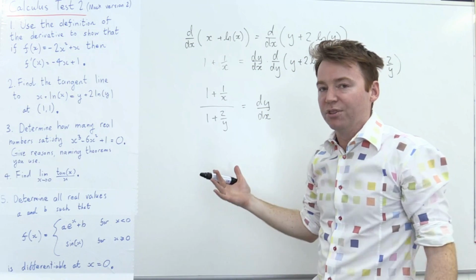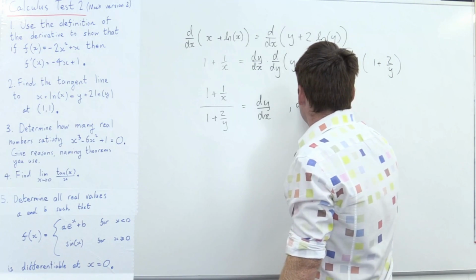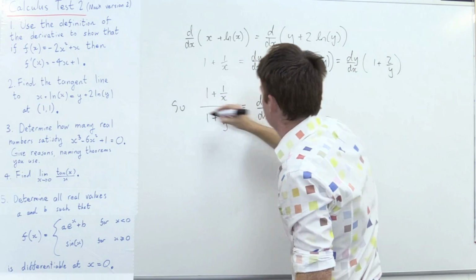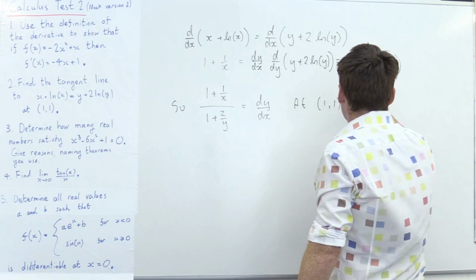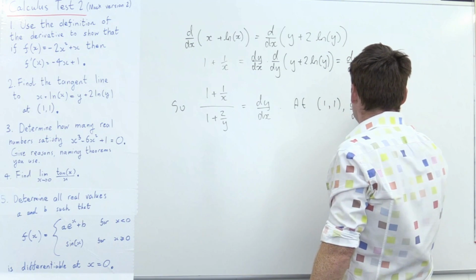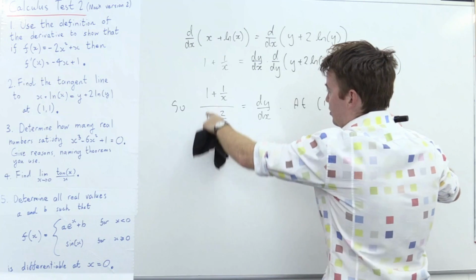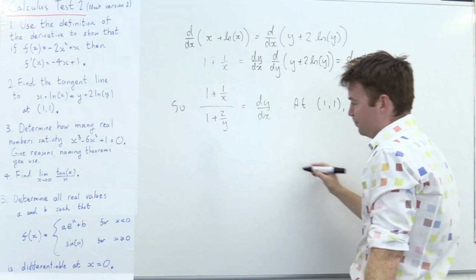But all I really want to do is evaluate this at the point (1, 1). At (1, 1), dy/dx is equal to 2 plus 2 over 3, 2 over 3. Awesome.